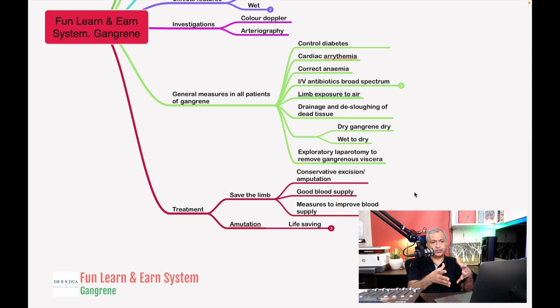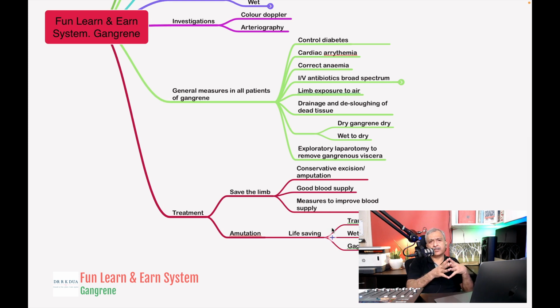So these are measures to improve the blood supply, and amputation of the part is mainly when the tissues are undergoing gangrenous changes, and that too wet gangrene. In wet gangrene, the chances of the patient going into septicemia and ultimately into multi-organ failure are very high.